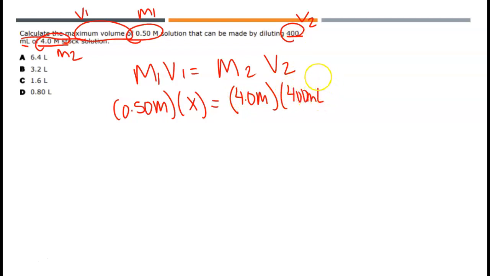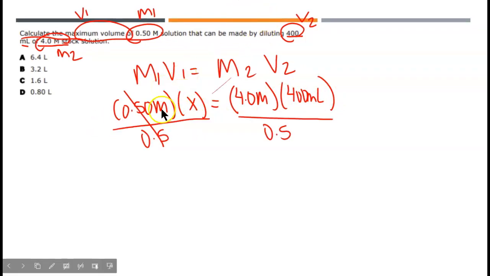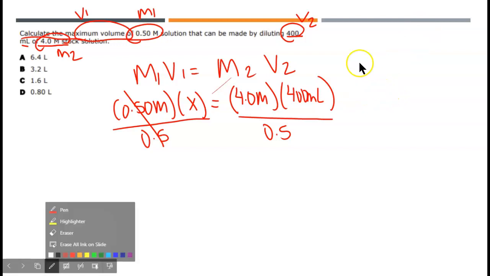That means our answer has to be in milliliters. So to do that, we're going to have to divide by 0.5 on both sides, right? These cancel out. So 4 times 400 is equal to 1,600.